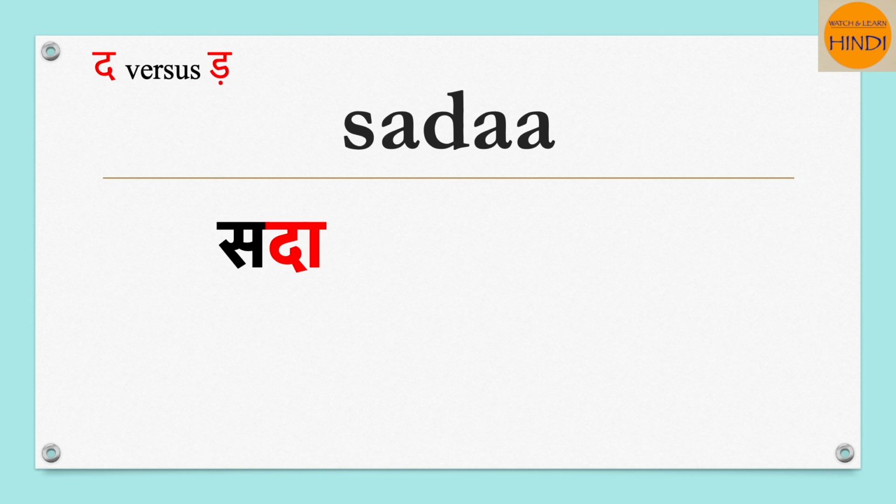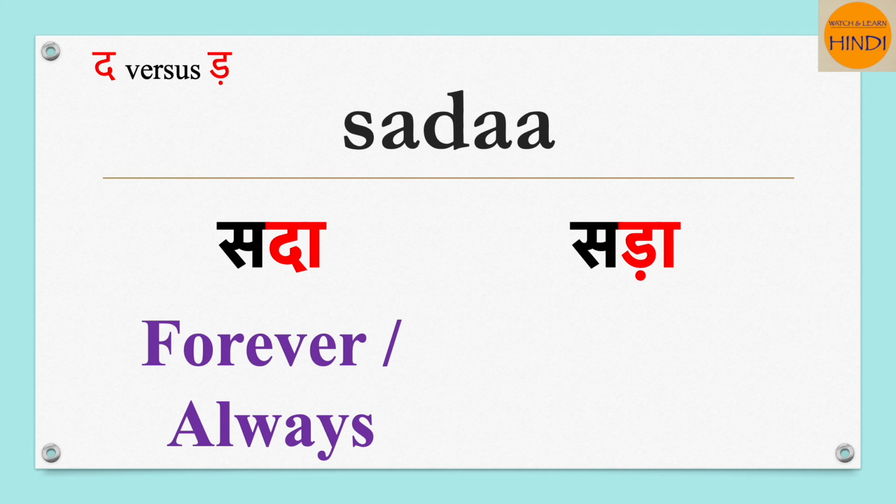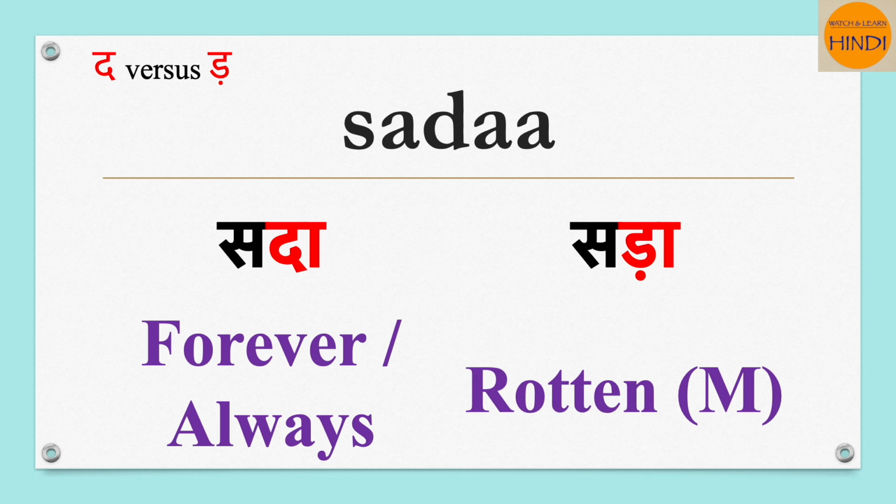Next can be sada or sada. Sada is forever or always, depending on the context. And sada is the masculine version of the word rotten, as in sada phal, rotten fruit, because phal is masculine.